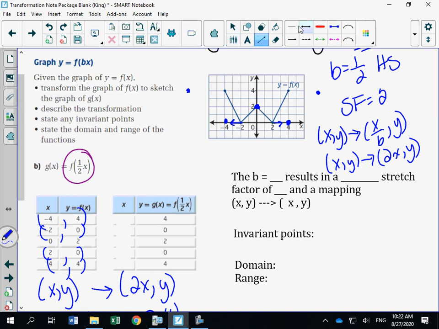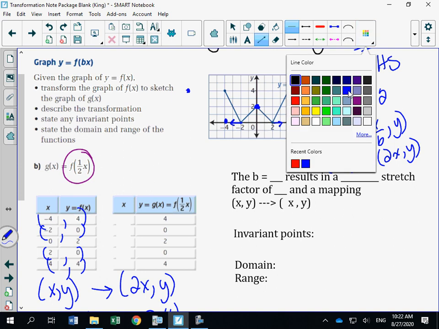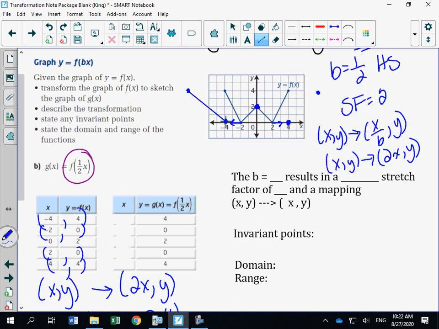And then get your ruler and create your new function, which is, they're calling it g of x. So this blue graph that I just drew, that's the transformed function of f of x.